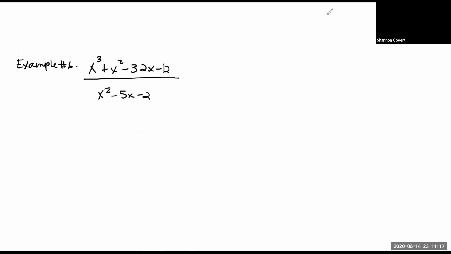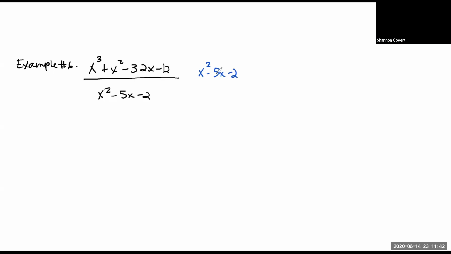Our next problem, example number 6, is x to the third plus x squared minus 32x minus 12 over x squared minus 5x minus 2. Once again, long division. This time, no placeholders are needed. I'm going to do this up a little higher because I think I'm going to run out of space.